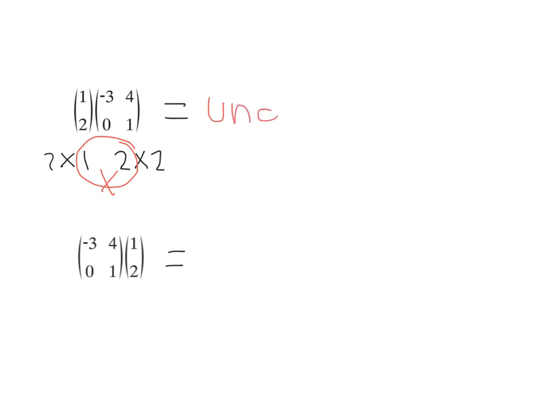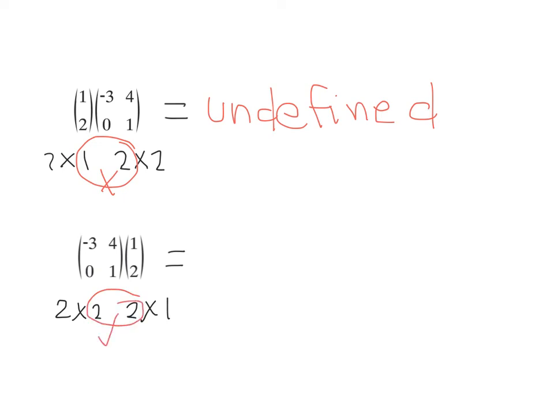So this result is undefined, or in other words, I can't do this multiplication. If we look at the second one and line up our dimensions, we've got a 2 by 2 next to a 2 by 1. This time when I put them this way, I can do the multiplication. The middle 2 numbers match up, and my result should be size 2 by 1, just like the first matrix there.